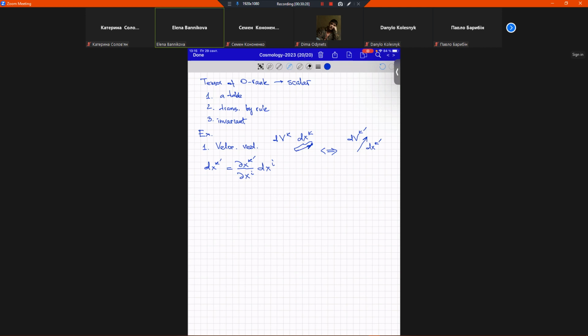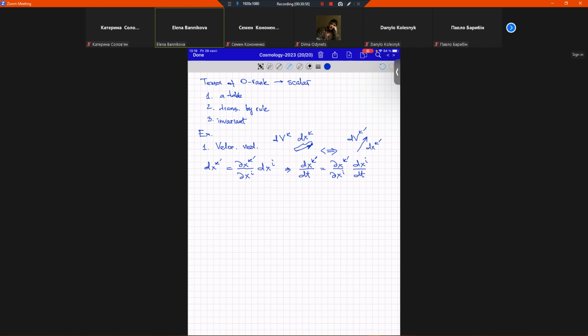If I divide the left and right sides by dt, I have dx k prime by dt equal to dx k prime by dx i, times dx i by dt.